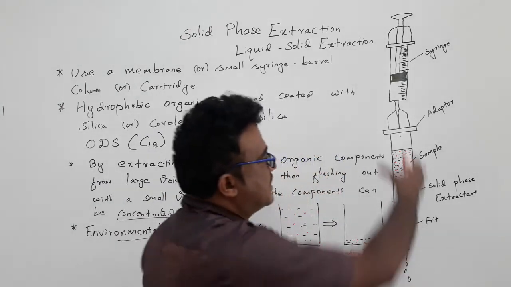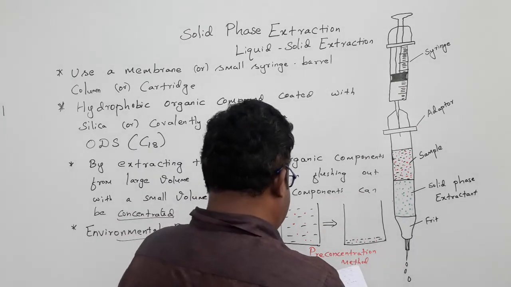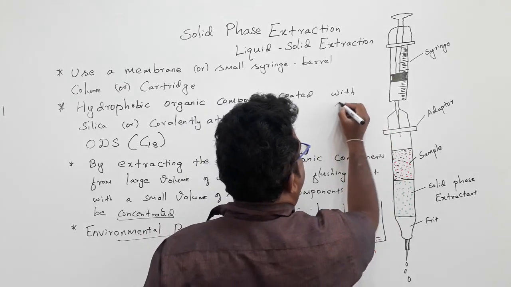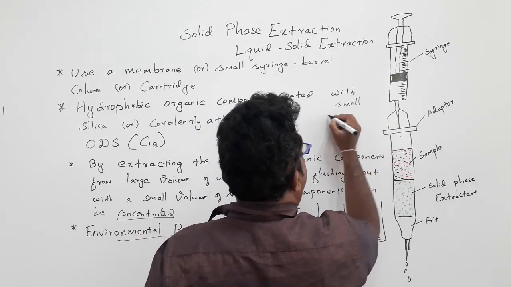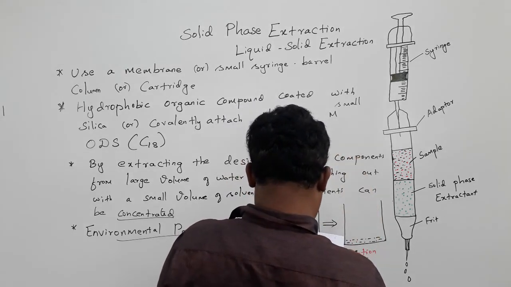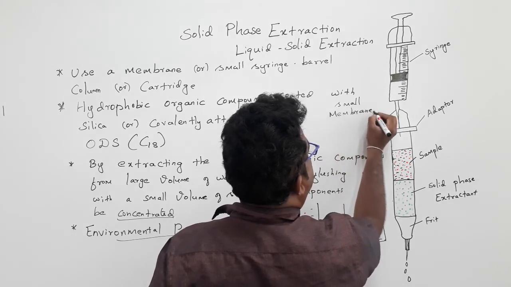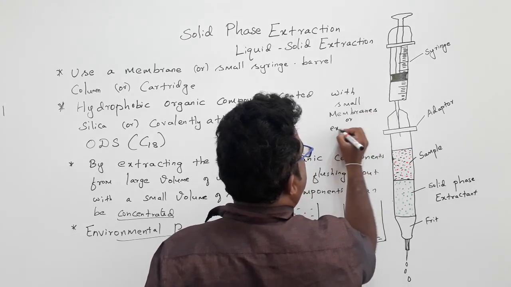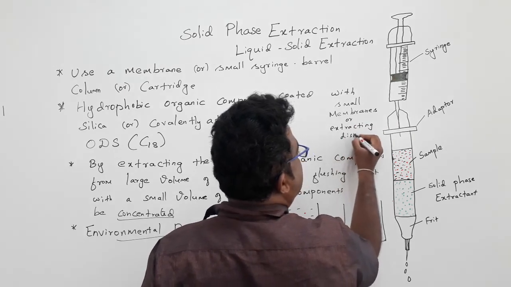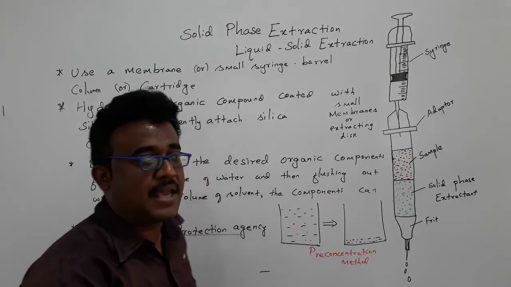Additionally, if this cartridge is connected with any kind of extracting disc or membrane, then what happens? The concentration process can be fastened.